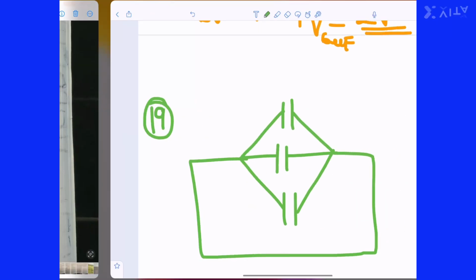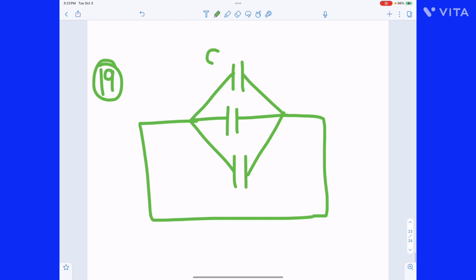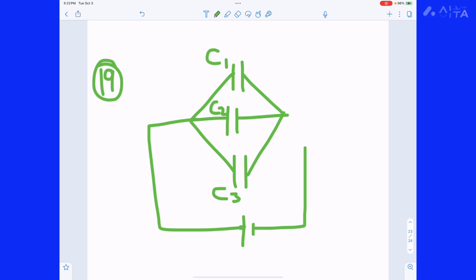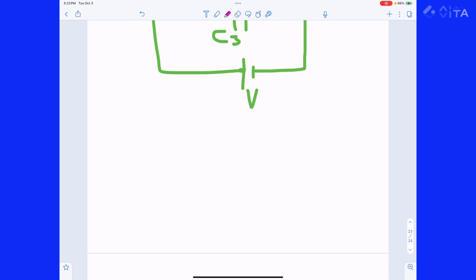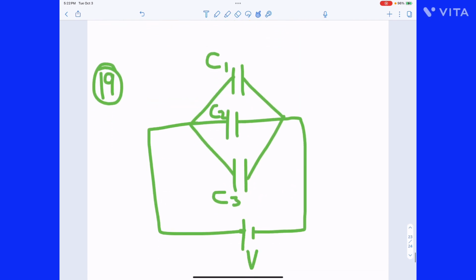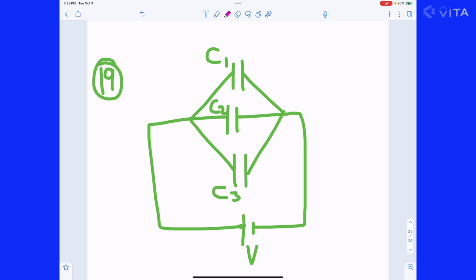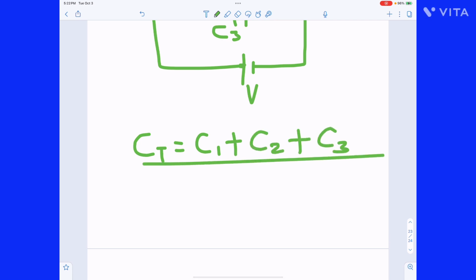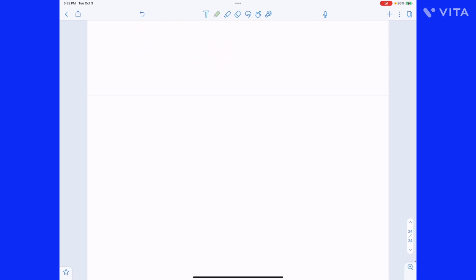There should be a source of EMF here, V. In this combination, C1, C2, C3, the total capacitance of all three capacitors, C total, is equal to C1 plus C2 plus C3. It's as simple as that. Just add arithmetically and you get the total capacitance.